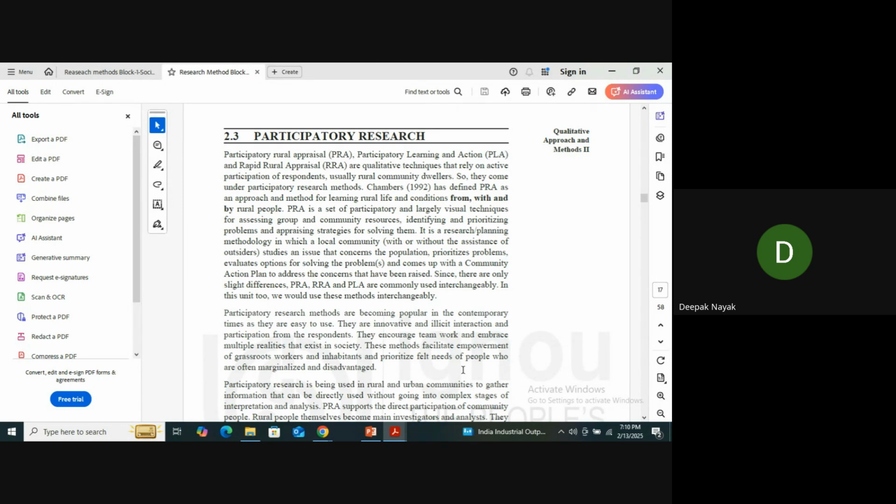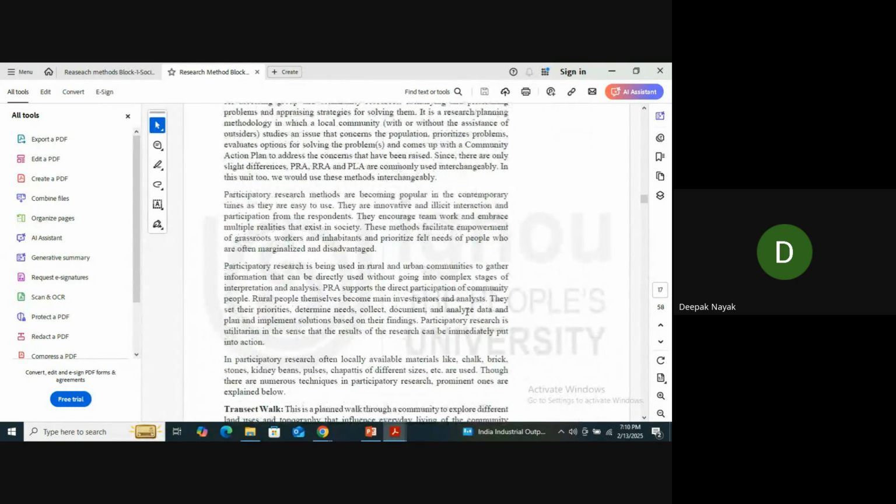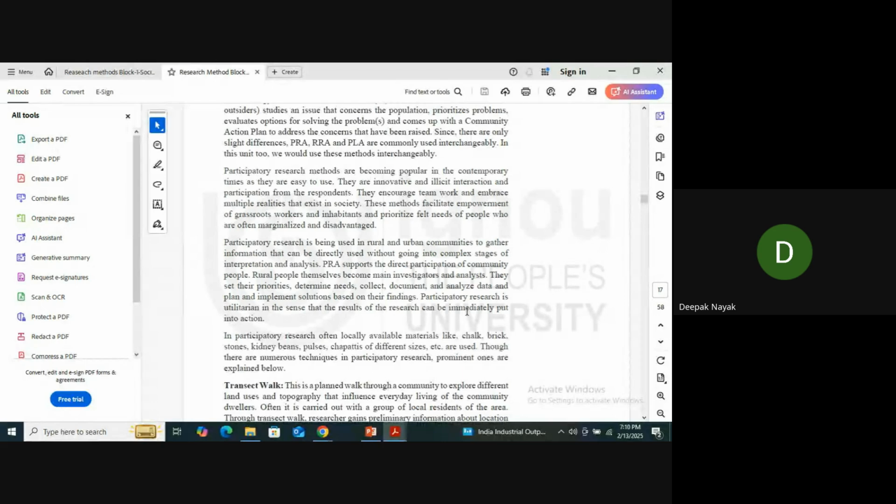What happens in participatory rural appraisal? This research has been designed to understand the rural setting, their livelihood, their culture, their cultural values, belief system, and their resources in the community.